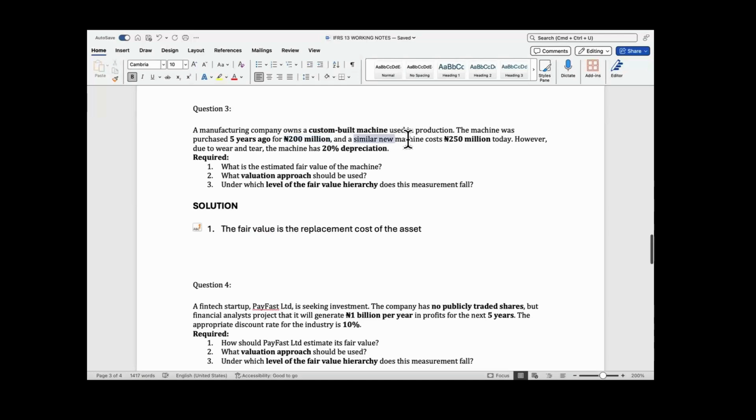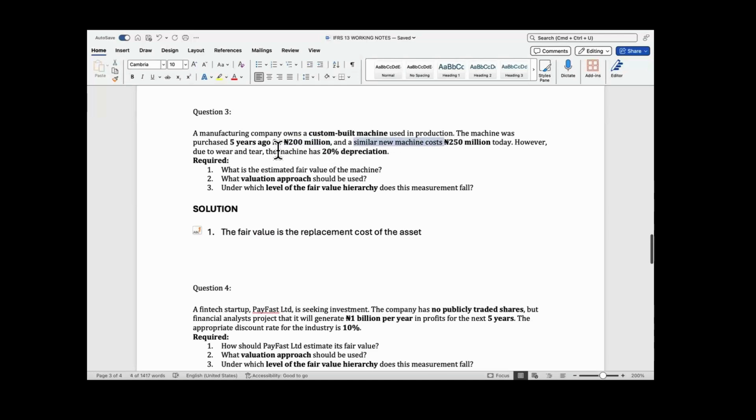You now said a similar new machine is 250 million. However, due to wear and tear, this machine has 20% depreciation. So if you say the replacement, you know that the replacement cost of this machine is 250 today. But this 250 is the price of a new asset. That cannot be the fair value of this old asset that you bought 5 years ago.